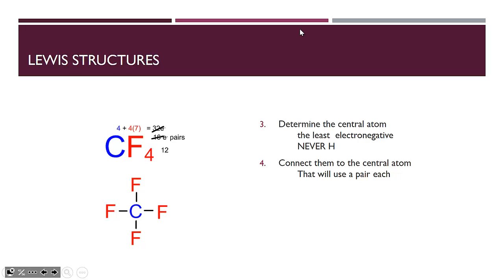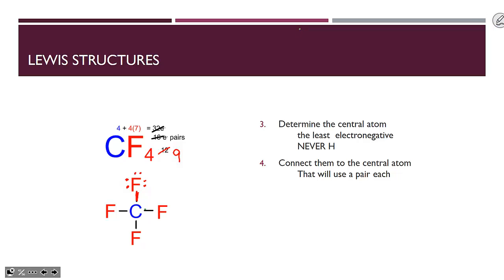So we're going to start with the fluorines. We are going to give them their 8 electrons to reach their lowest energy state. Starting with this top one, it already has 2 electrons around it. To reach its lowest energy state, it has to have 8, so I'll give it 3 more pairs. So of my 12, I have only 9 left.